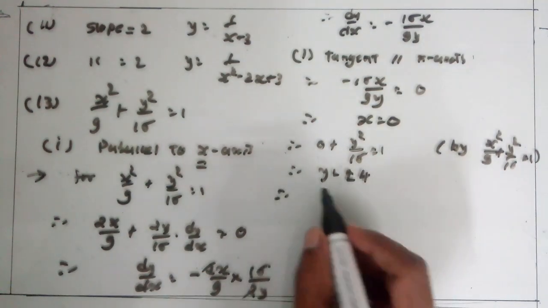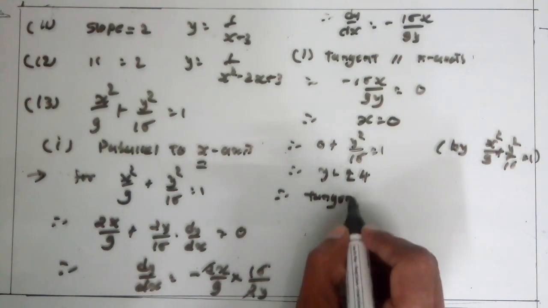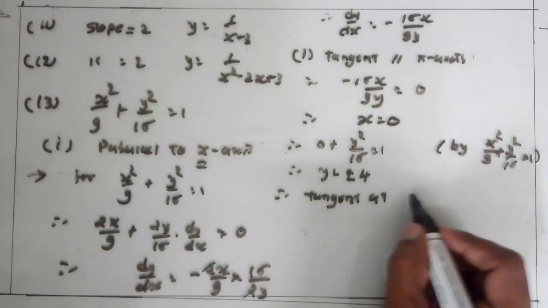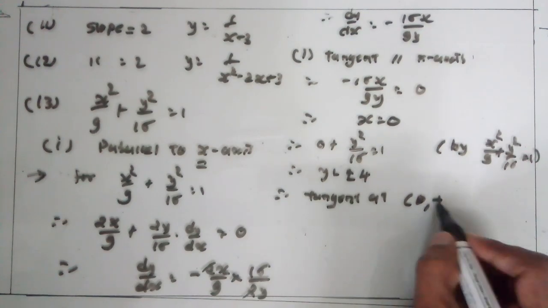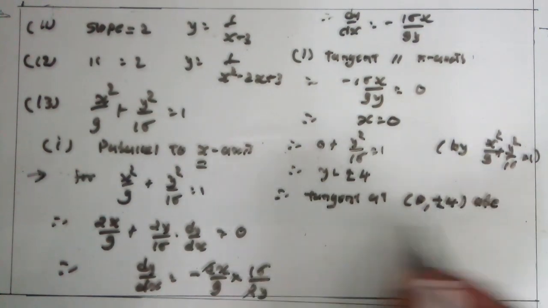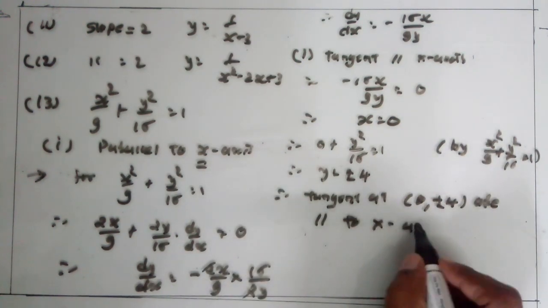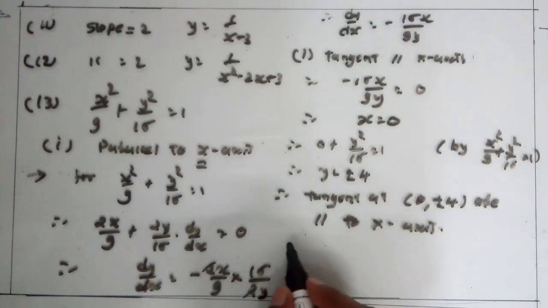Okay. Therefore, tangents at (0, plus or minus 4) are parallel to x axis. Clear?